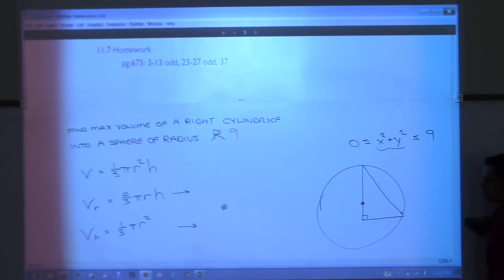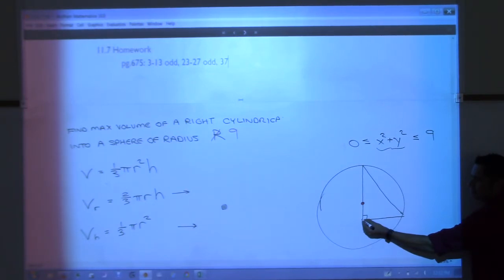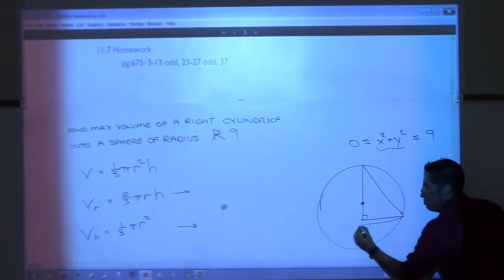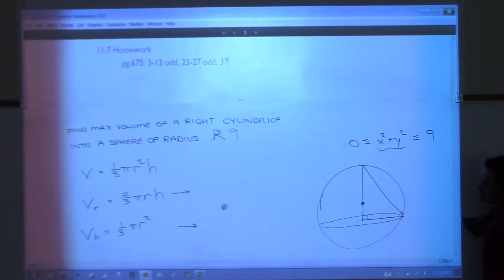So wouldn't the center be at the point down? You said it goes out and then goes back in. Yeah, this is your circle down here. That would be your center. So I don't know. Never mind.